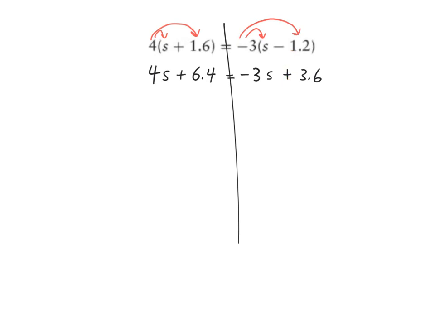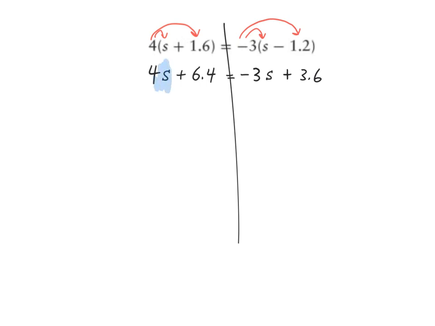Okay? I'm just going to make these s's a little more obvious. Okay, there we go. So 4s plus 6.4 equals negative 3s plus 3.6. So from here we're just going to carry on. I'm going to bring the terms with the letter to the left.